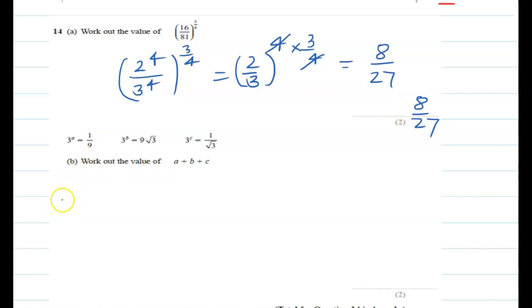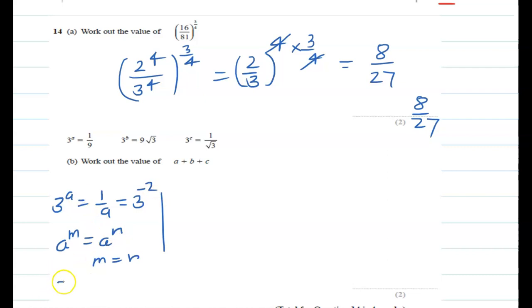Now here 3 to the power a is 1 over 9. Right? So 1 over 9 you can write as 3 to the power minus 2, and this is the rule: a to the power m equals a to the power n means m equals n. So here a will be equal to minus 2. If you see the second part, 3 to the power b equals 9 root 3.